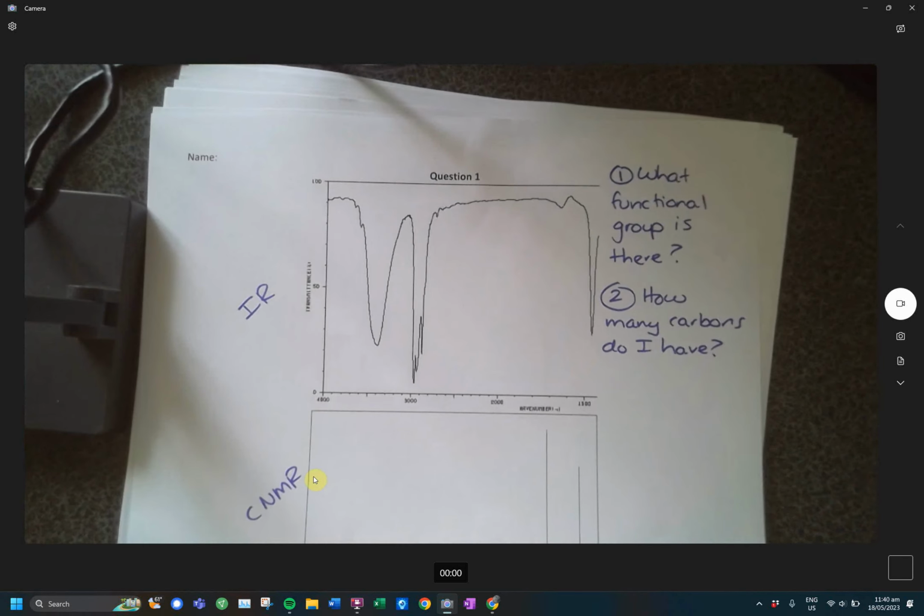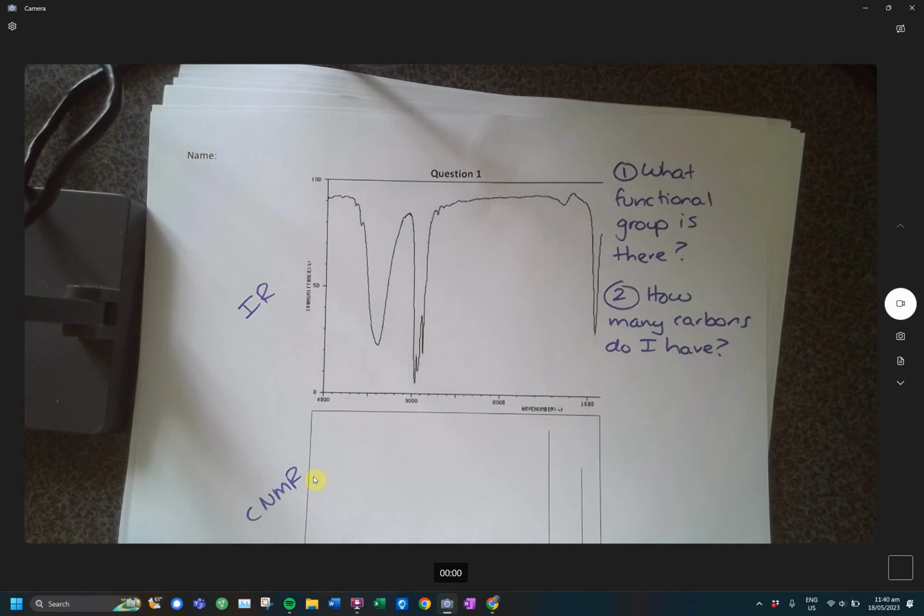Once I have those 2 things answered, I will be able to then start proposing potential molecules that could fit those parameters. And the data will back it up. Are we okay with that so far? It's the 2 first things we have to answer. Cool? Keep going? All right.